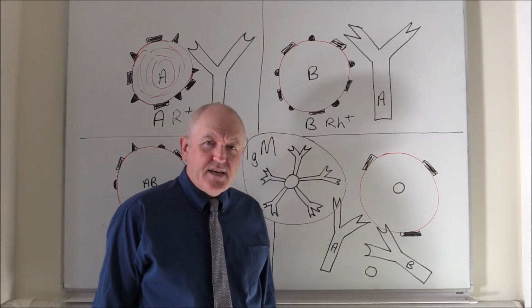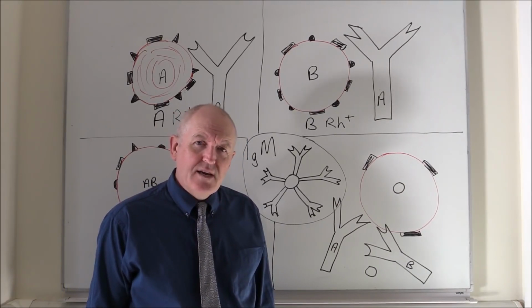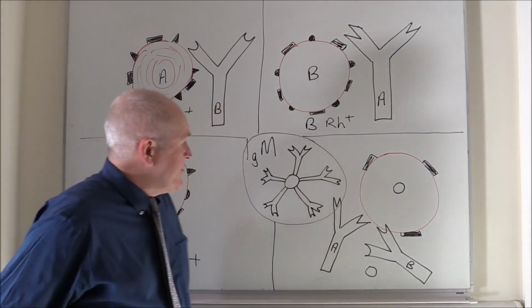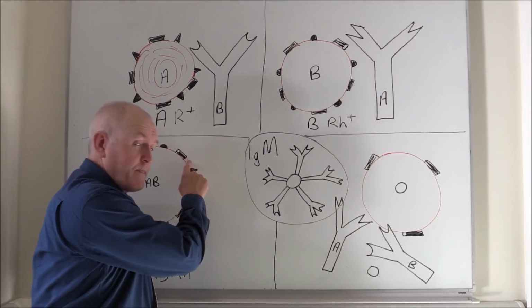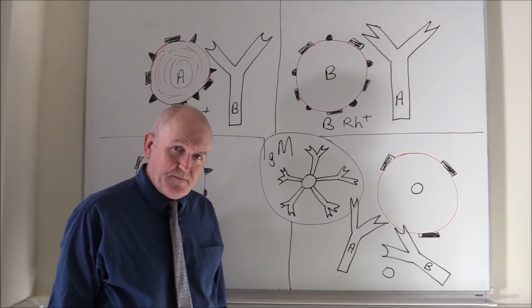Now, we have noted that in the ABO system there are naturally occurring antibodies in the plasma. Now, with the Rhesus factor, there are no naturally occurring antibodies.